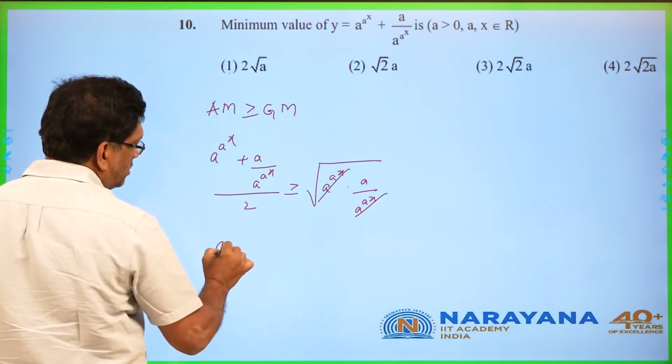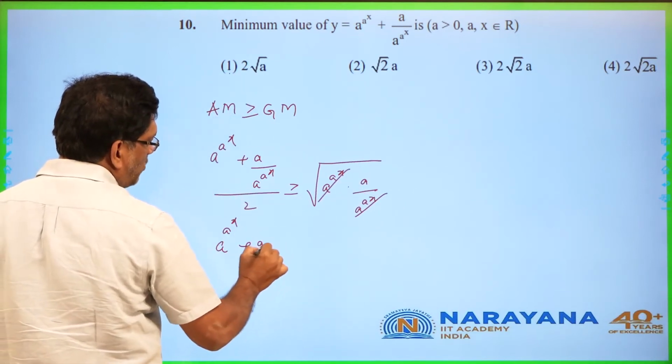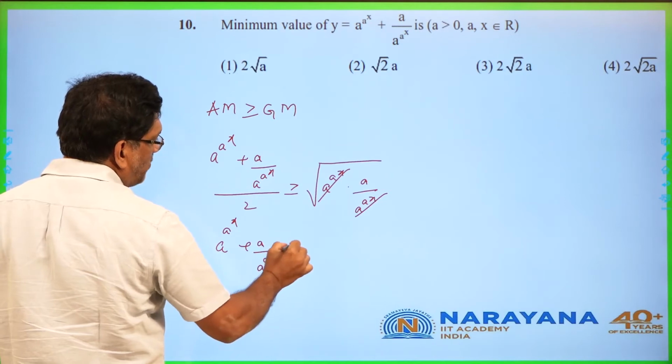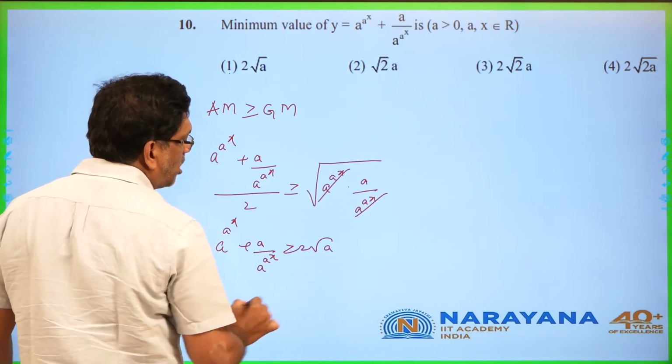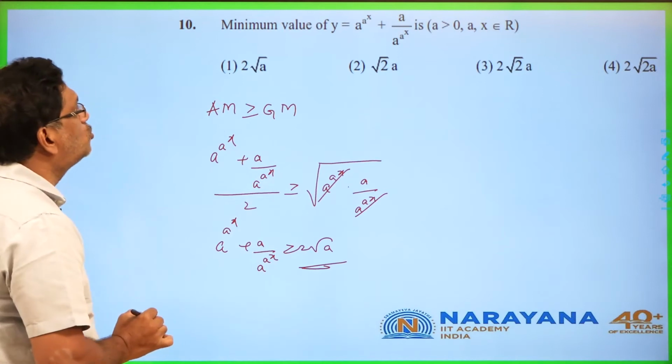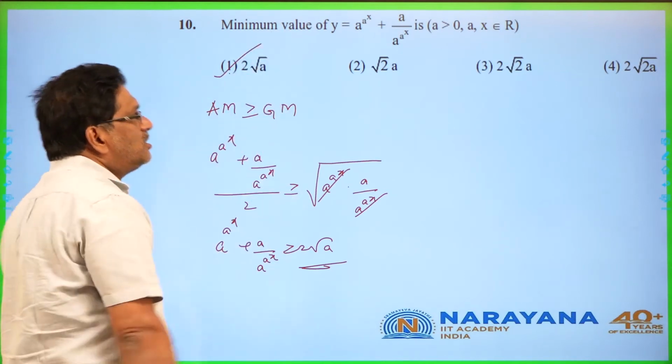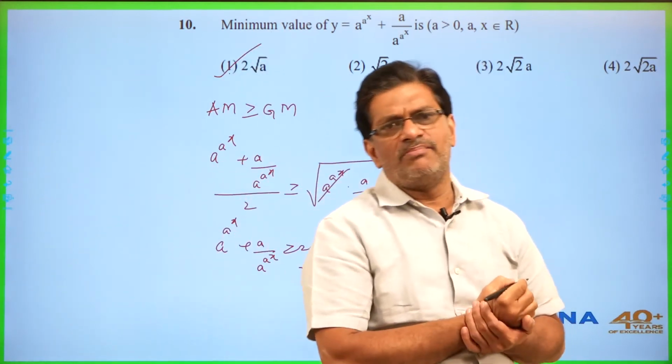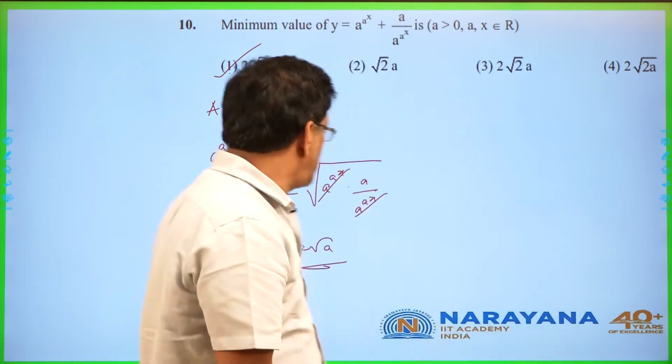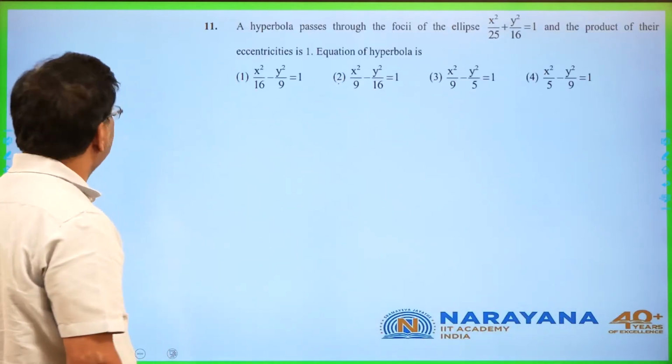We can cancel. So a^x plus a by a^x is greater than or equal to 2 root a. So simple AM-GM inequality. Okay, let us go to the 11th one quickly.